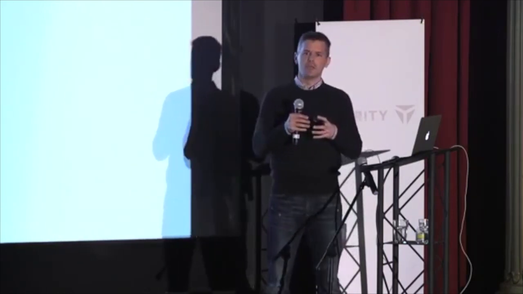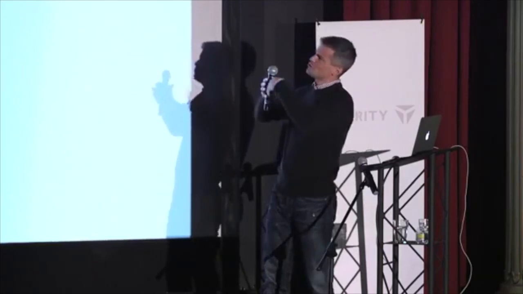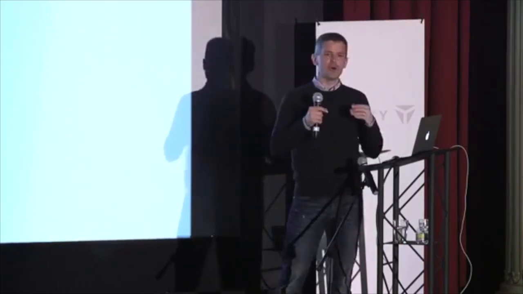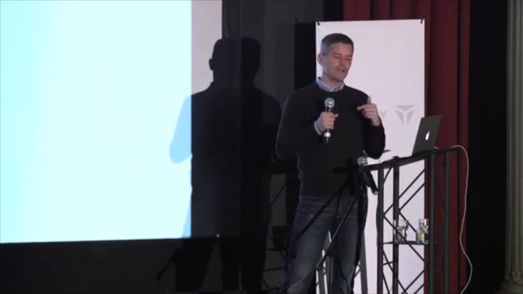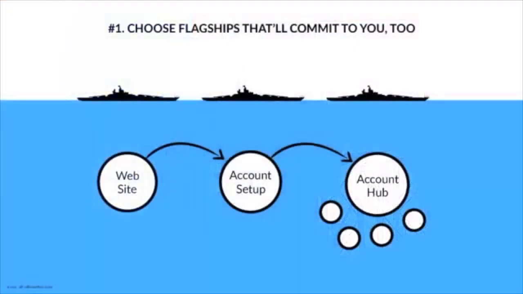But it changed the nature of how I needed to collaborate and think about what was in front of me. Because instead of an account hub that's really small, narrow, and predictable, it was this whole suite of all these different products. And so I went through a couple things in my head. And the first one was, by the very nature of how he took the pen out of my hand and drew that diagram, he identified the flagships that he cared about.